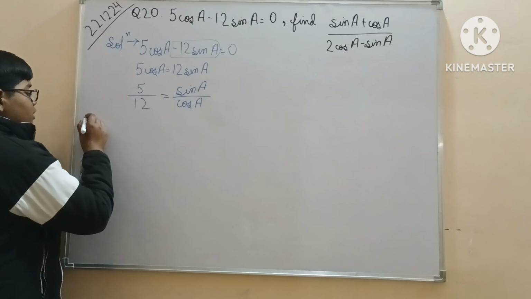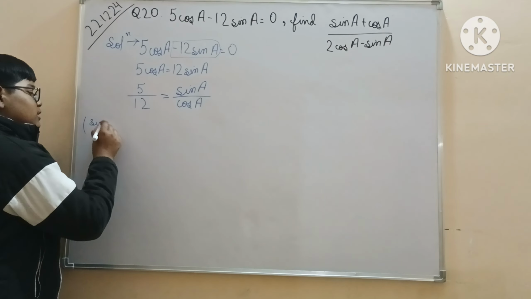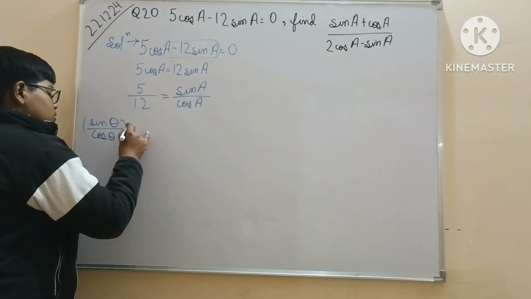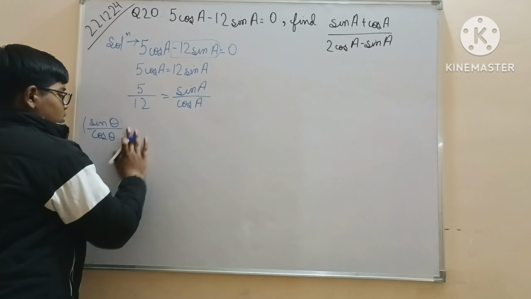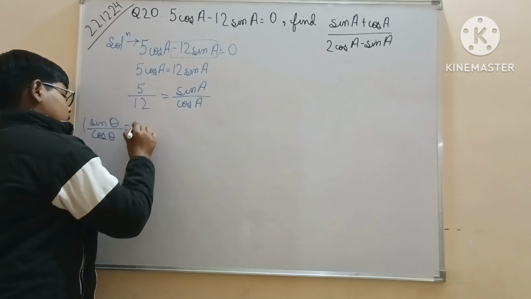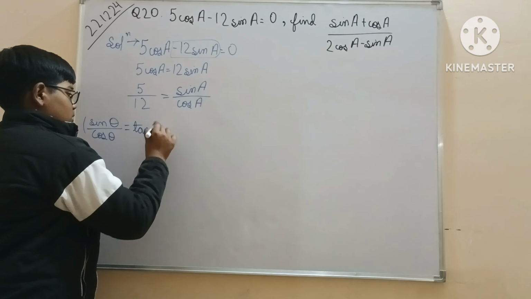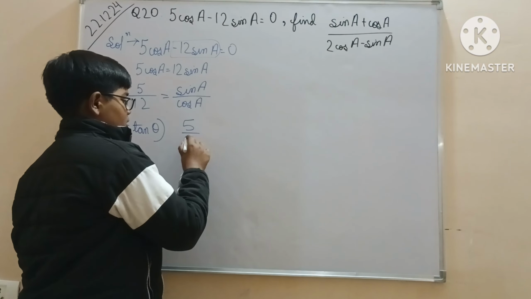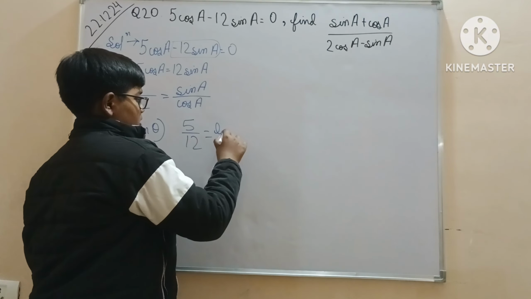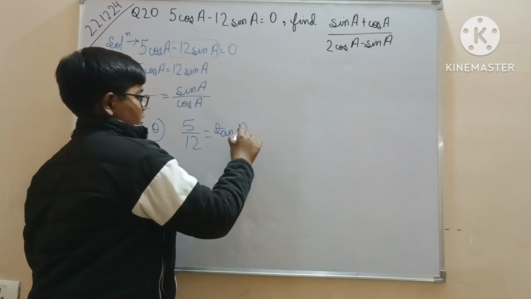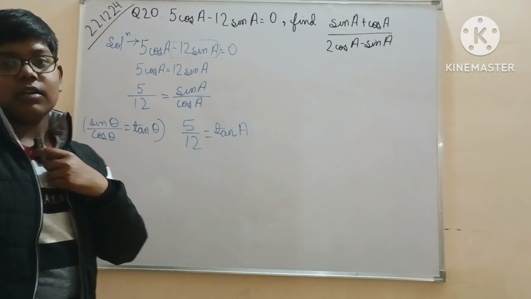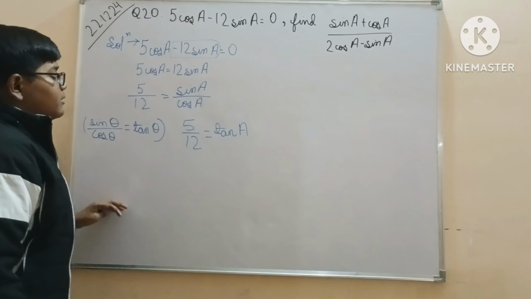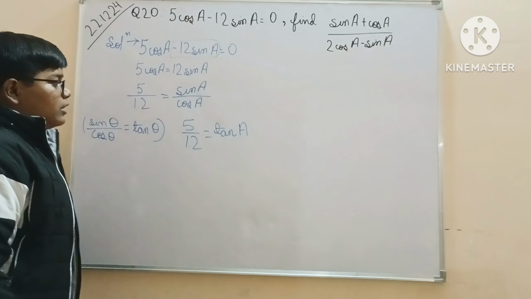So there is a formula that sin theta divided by cos theta is equal to tan theta. So 5 divided by 12 will be equal to tan A, because the things are given to us in the A variable only.